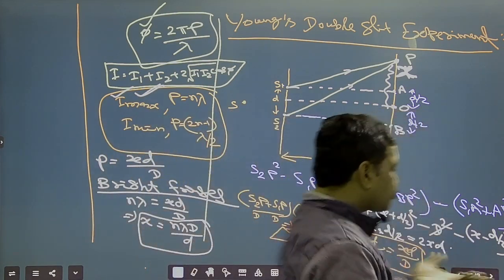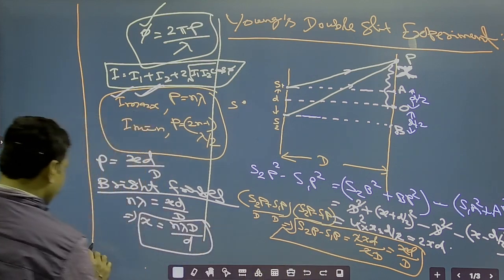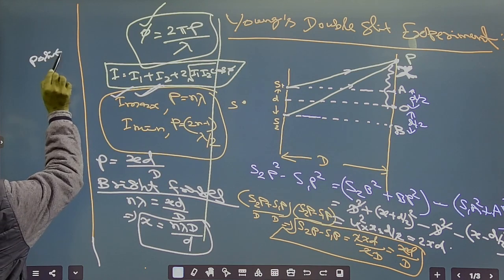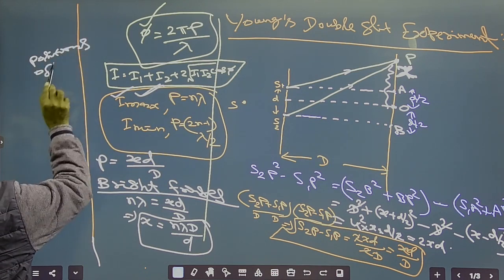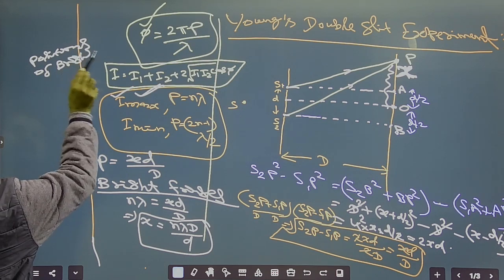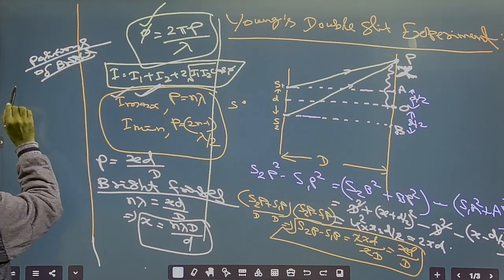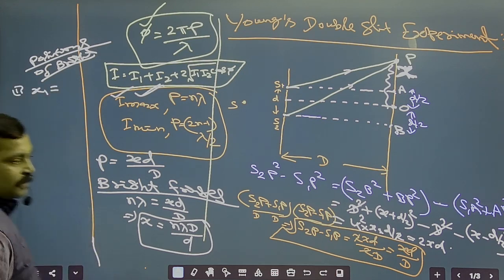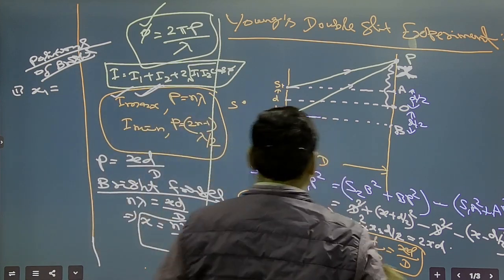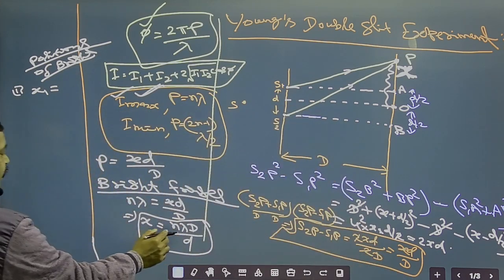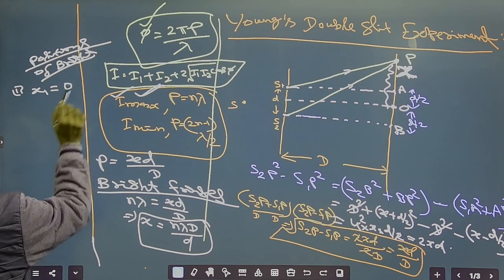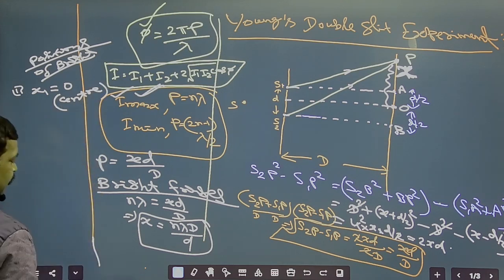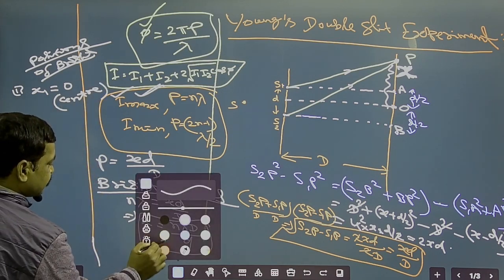Now, what will be the positions of the bright fringes? Suppose we take the first as x1. Your x1 will be equal to, putting n as 0, 0. So at the center we will get the first bright fringe, right?